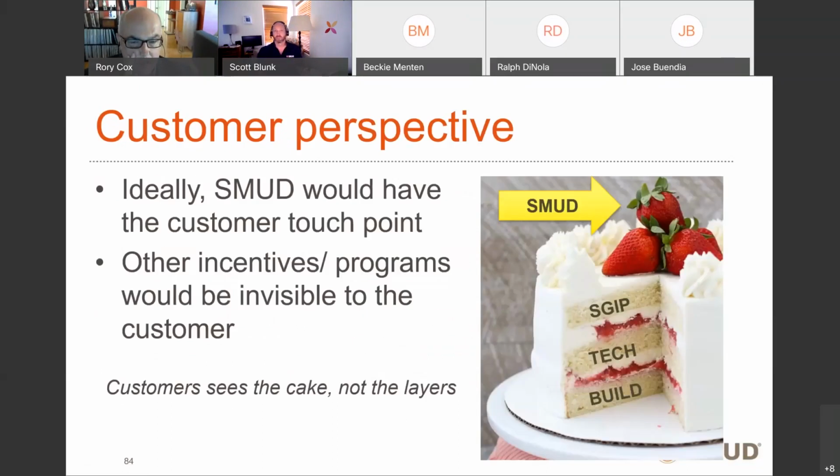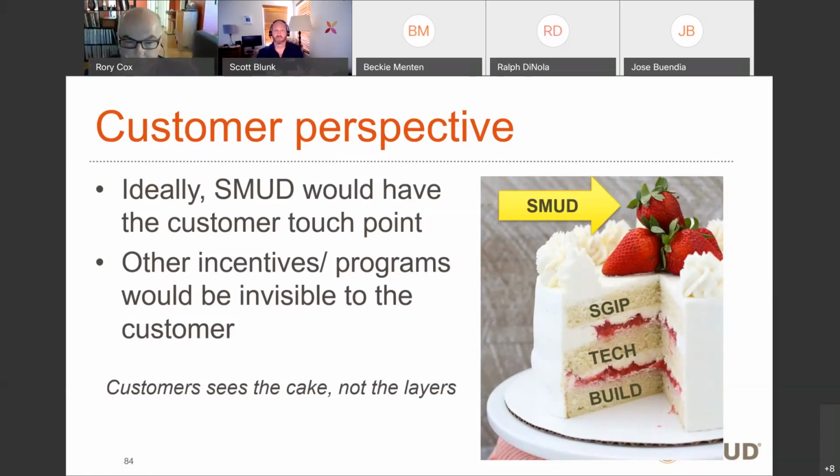I couldn't find a picture with cherries on top, but these are my views, and the way I would like to see it is that the customer only sees the pay, and sees an incentive coming for their new water heater, their new space heater. They don't know about all these layers going on. They deal with SMUD. SMUD is well liked by the majority of our customers and very trusted.